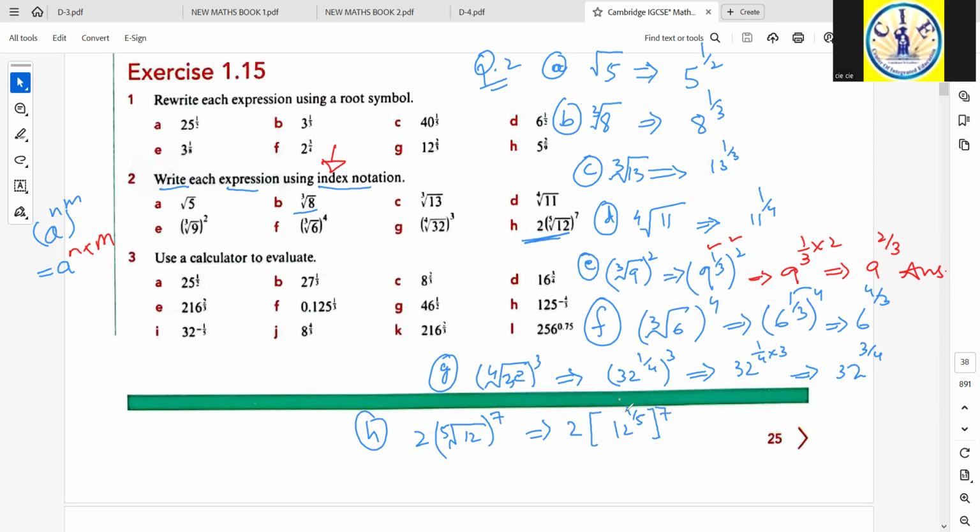Now, two indices for 12, that would give us 12 raised to power 7 by 5. So that is the required format.